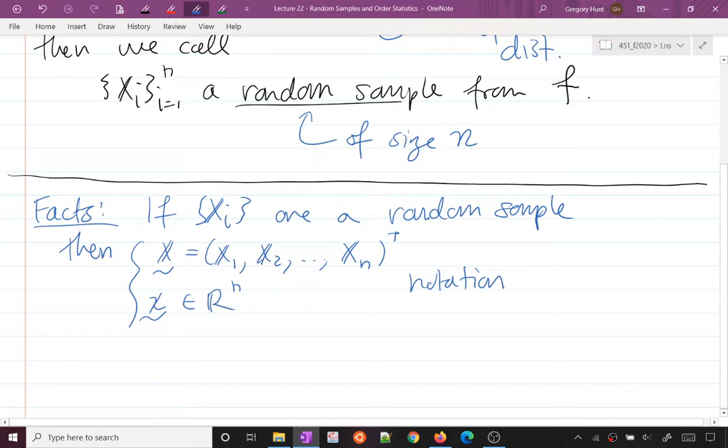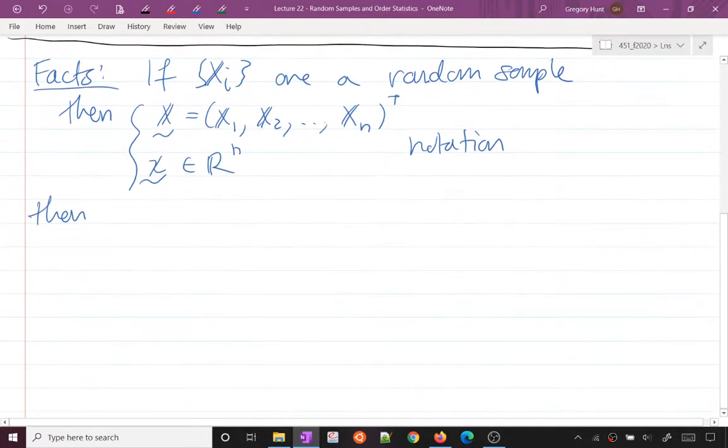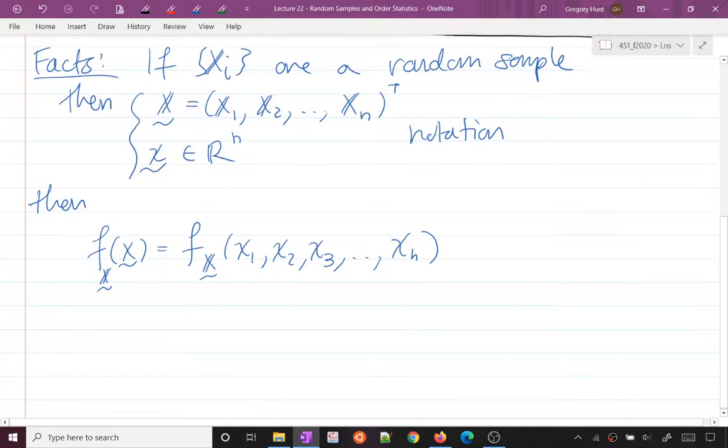But if I have my collection, my random sample, which means that basically I have a random vector where the components are IID from some distribution, then I could look, for example, at the joint distribution, say f of X tilde of little x tilde. So this is the joint PMF or PDF of my random variables X1, X2, X3, up to Xn.